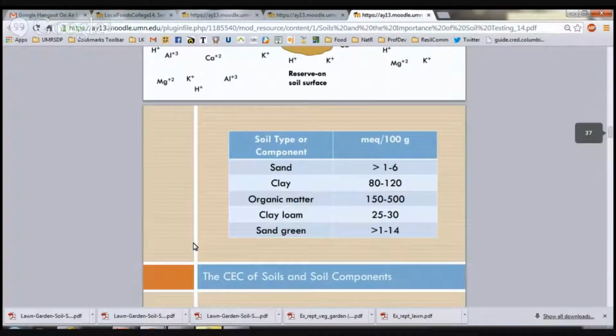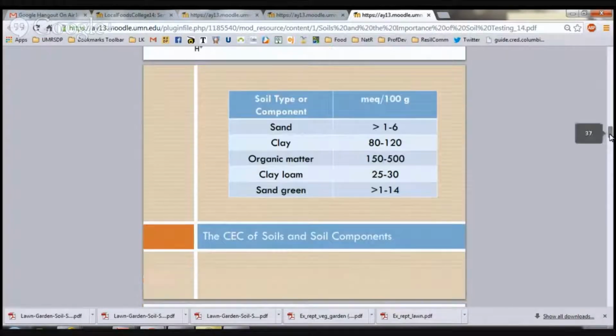So here's some good numbers for you. Milliequivalents per 100 grams is the same thing as centimoles of charge per kilogram. And so based on the soil type, you'll see differences in cation exchange capacity. A great example is a sand-based green or a sandy soil, which doesn't really have a high CEC.